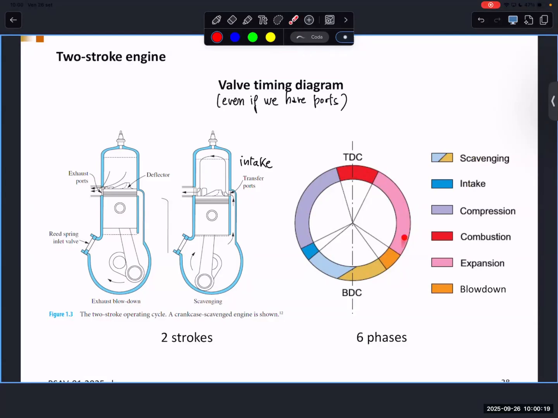Expansion is also similar, because the two strokes that we removed were relative to the intake and exhaust, so the different phases can be similar. Here we have blowdown, the opening of a port, scavenging, where the two ports are both open, and here intake, which means that only a port on the intake side is open.